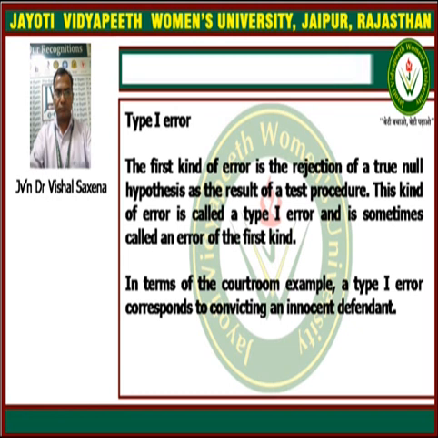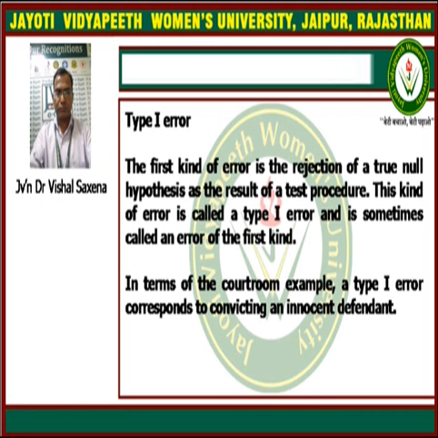A type 1 error is where the null hypothesis is correct, but the test we have applied rejects it. So when a true null hypothesis is rejected, a type 1 error is generated.